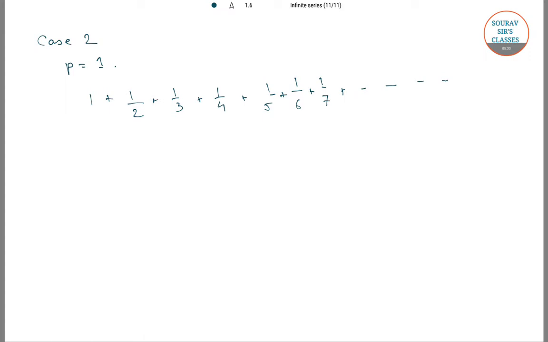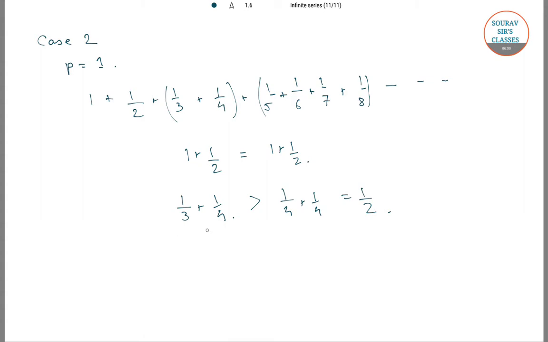Now grouping the series, we get 1 plus 1 by 2 is equal to 1 plus 1 by 2. Now 1 by 3 plus 1 by 4 is greater than 1 by 4 plus 1 by 4, which is equal to 1 by 2.